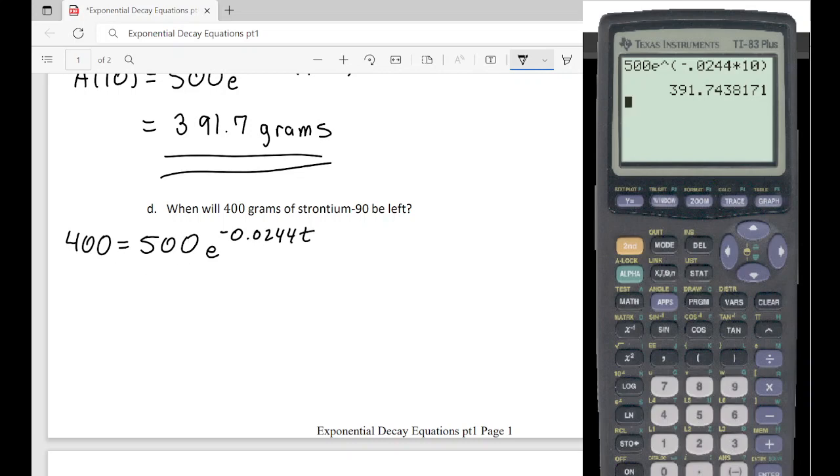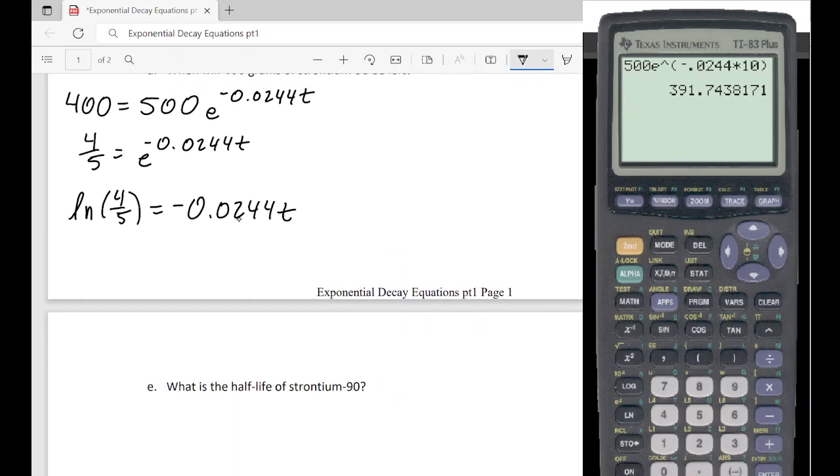I will divide by 500 and simplify, so that'll be 4/5 equals e^(-0.0244t). Take the natural log of both sides. ln of 4/5 equals negative 0.0244t. Again, ln and e just cancel out.